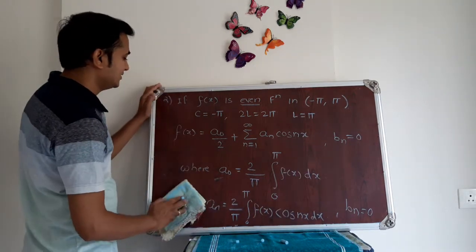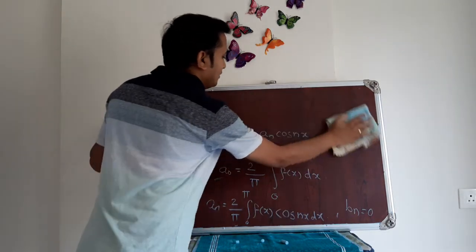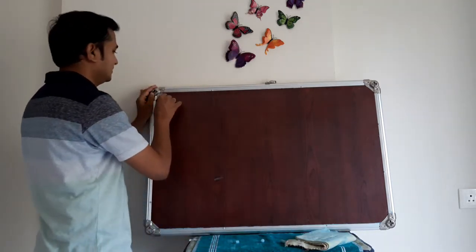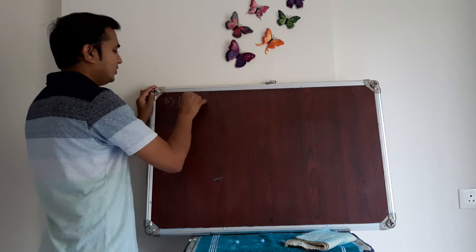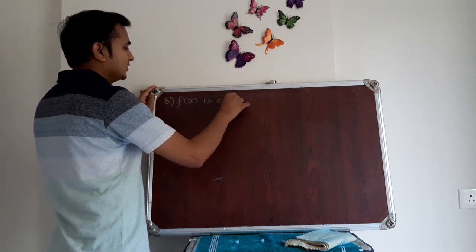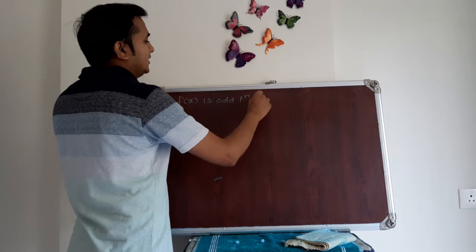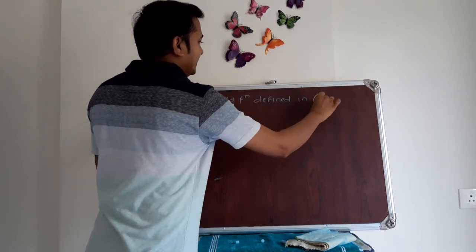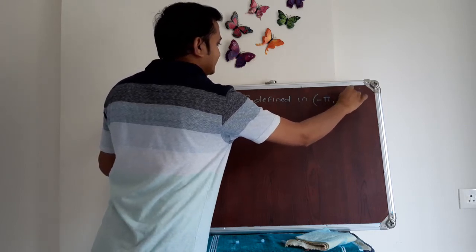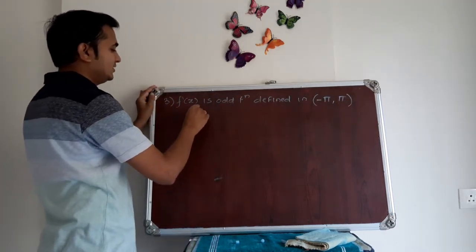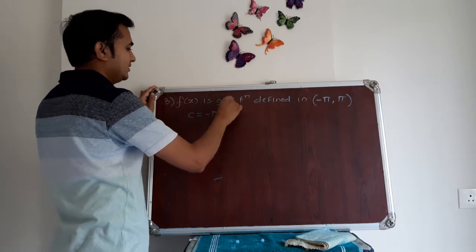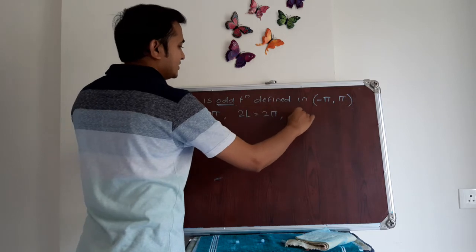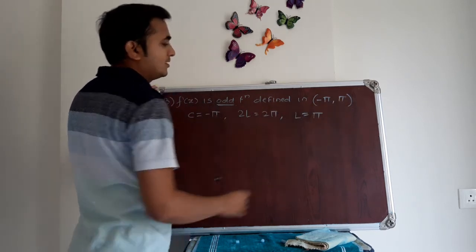And third case, f of x is an odd function defined in minus pi to pi. So c again becomes minus pi and 2l becomes 2 pi, so l becomes pi.